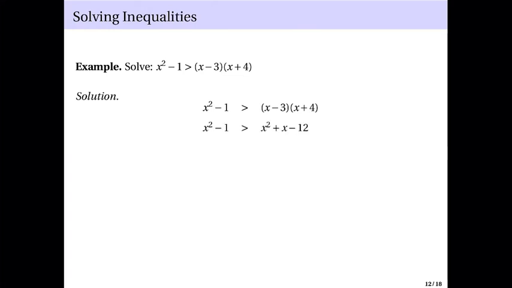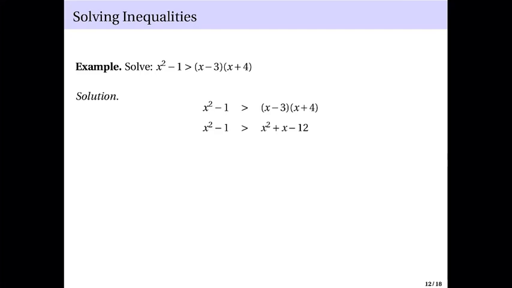First, we multiply x minus 3 and x plus 4, and we obtain x squared plus x minus 12. On the left-hand side, you still have x squared minus 1 and the greater than symbol. It's retained because you just expanded this product.